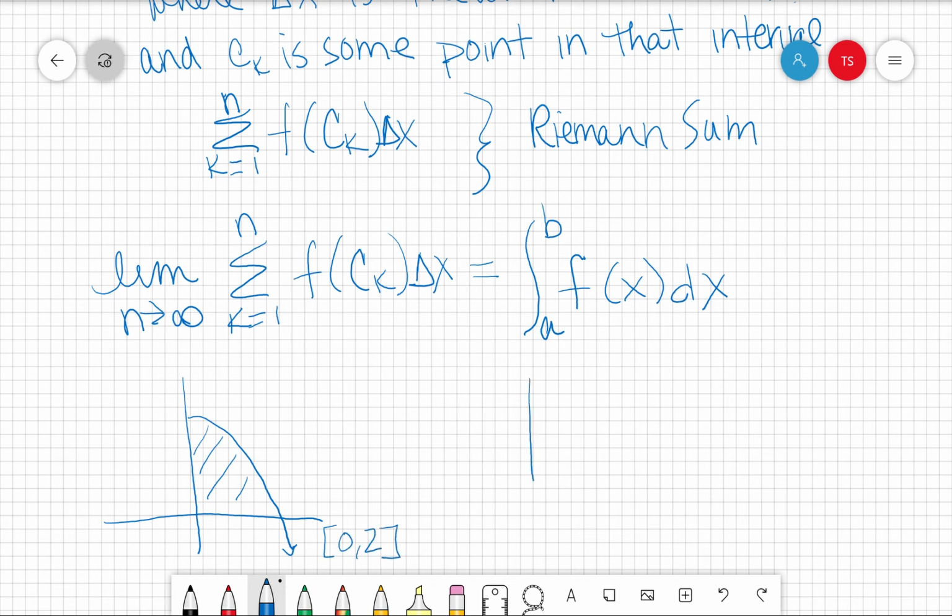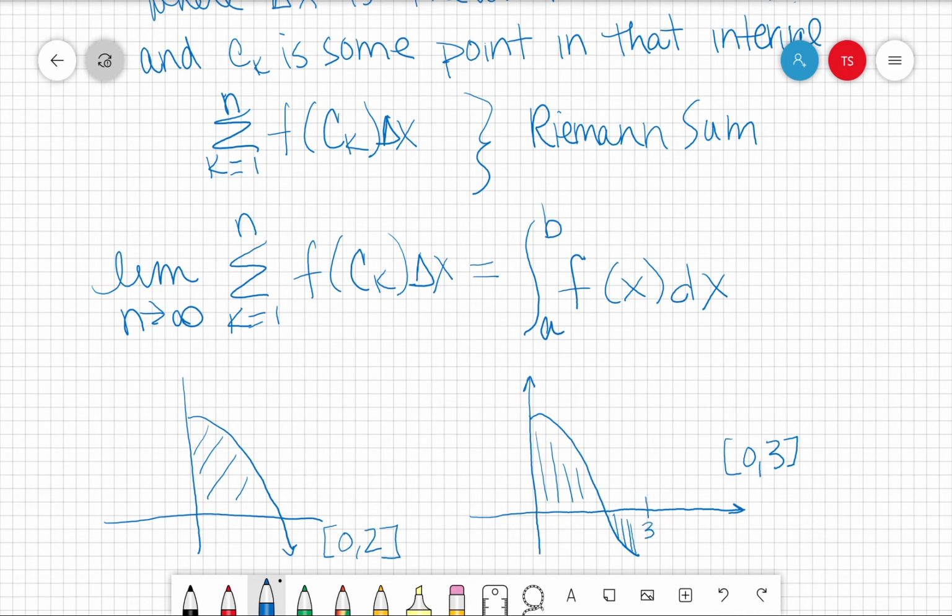But for a definite integral, I don't have that requirement that f of x be positive, because for a definite integral, I could evaluate this function, say, from 0 to 3. And so what I would be calculating would be this area and this area.